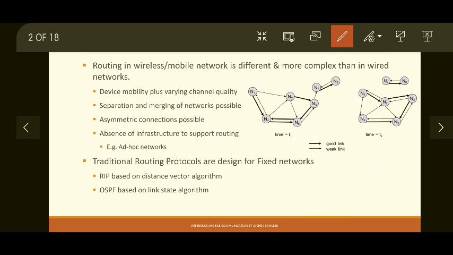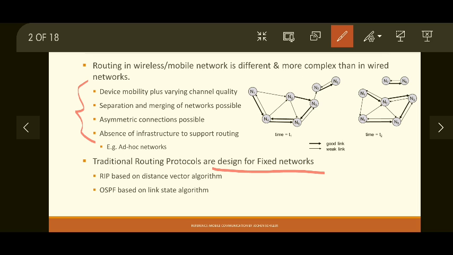Okay, so these are the primary four reasons why routing is different and more complex in mobile networks compared to wired networks. Then which are the fixed network protocols which we have seen in the previous semester? Traditional routing protocols are designed only for fixed networks, this is important, because they don't consider all these parameters while delivering a packet to the destination.